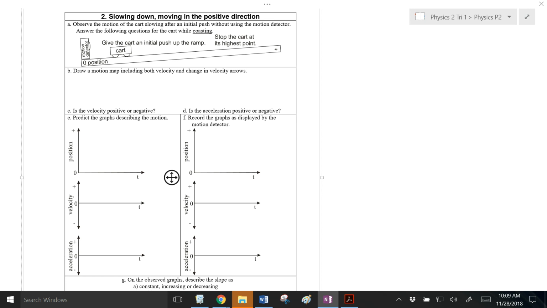Once you've made your prediction on the paper, again, we're really only interested in it between when it leaves my hand until just before I pounce on it at the top. So you don't need to include what it's like after I've pounced on it. It ceases to be interesting at that point. Use your newfound understanding of acceleration to try to predict the acceleration graph this time. If acceleration is the slope on a velocity versus time graph, what do you expect to see here, based on the slope of the velocity time graph that you've just drawn?